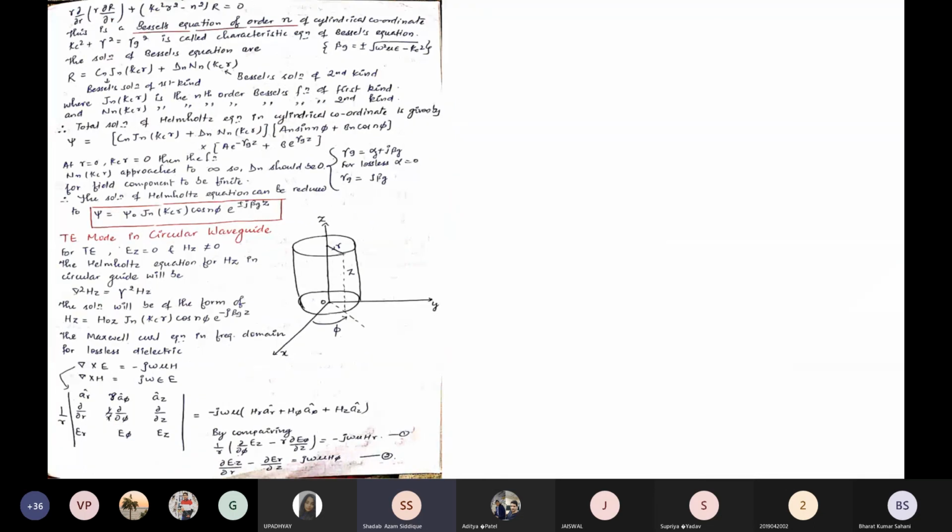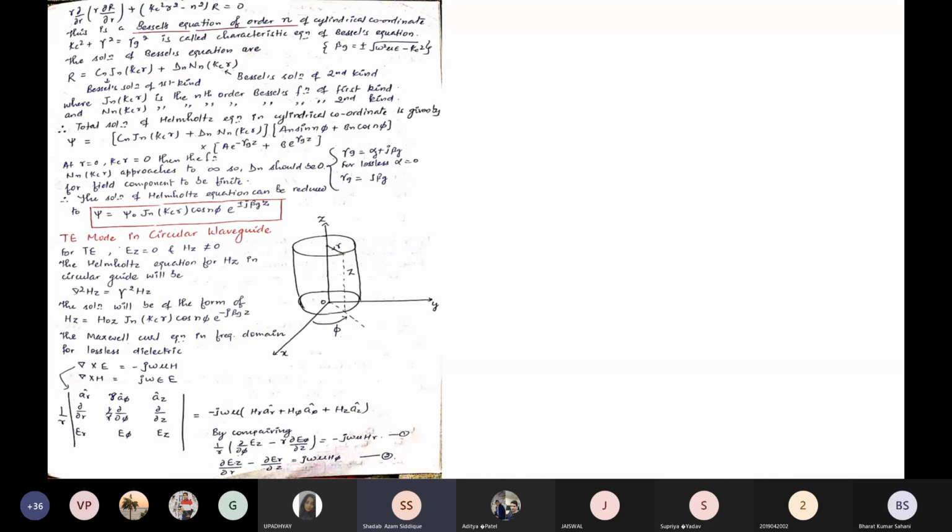We will have the cylindrical coordinate system, and in that we will try to see r, phi, z. In terms of r, phi, z, we again start with the Helmholtz equation, and we'll try to find out the general solution of the waveguide. After finding the general solution, the psi which we have got here will be in terms of Bessel function, and what is Bessel function, I'll let you know in the next class.